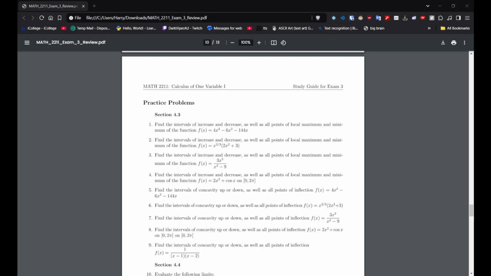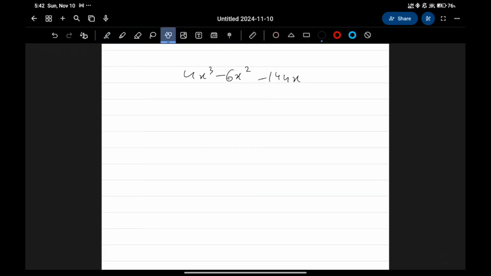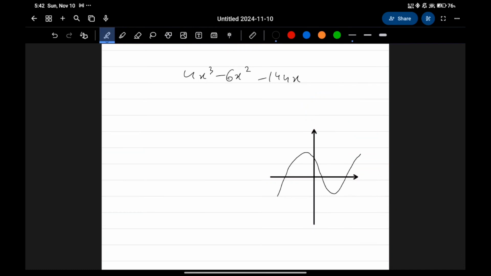Okay, let's say hypothetically we have to differentiate this. I mean, find the absolute max and min. So how it used to work is that, let's say this was the graph of it, and we have a line going like this. So what do these represent?